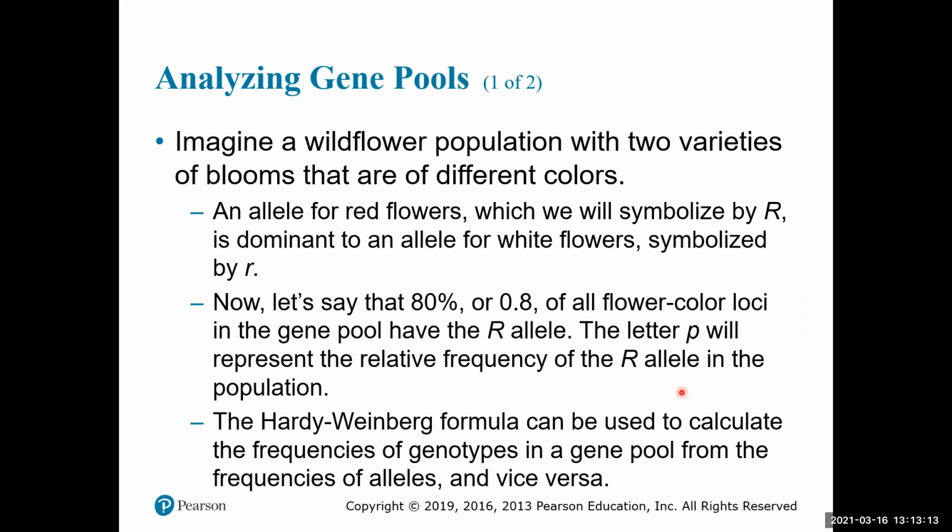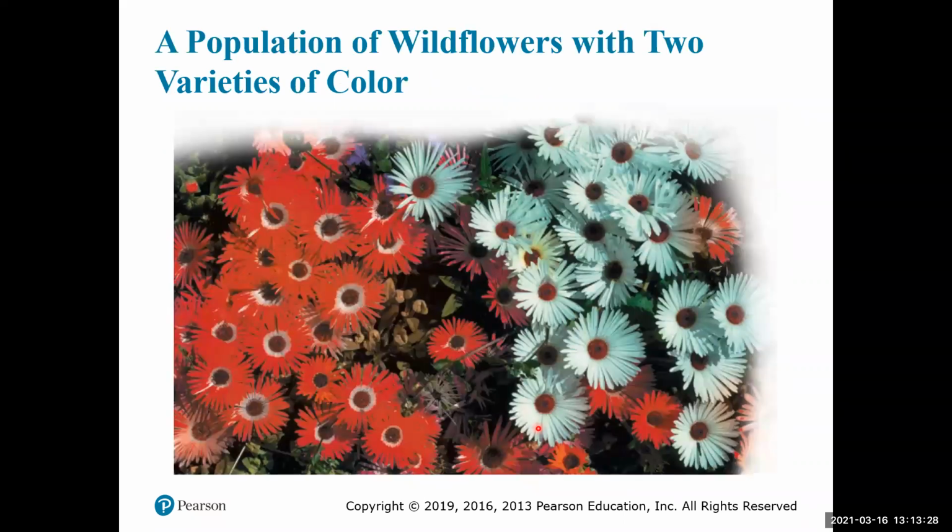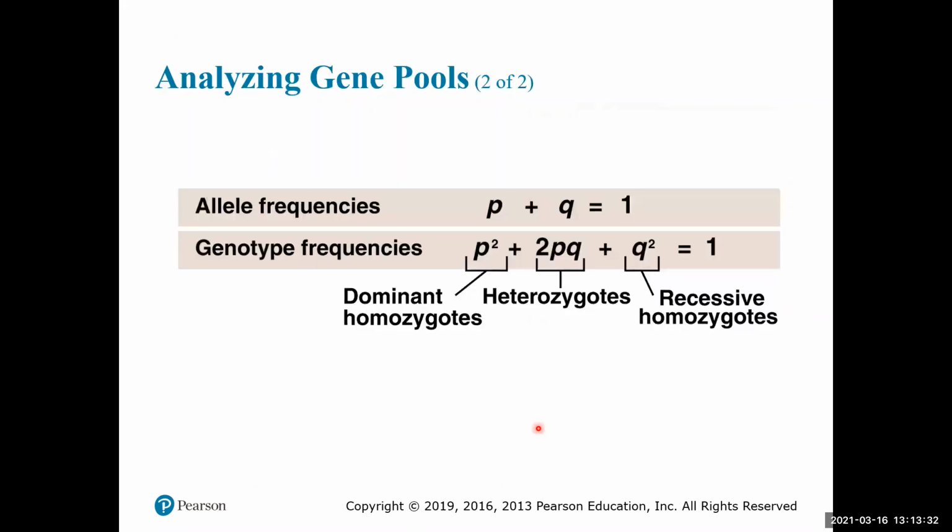We also can use those frequencies to put into the Hardy-Weinberg formula, and we can calculate the frequencies of the genotypes. So this is a flower we're looking at, red and white, and these are the formulas that we're going to use.